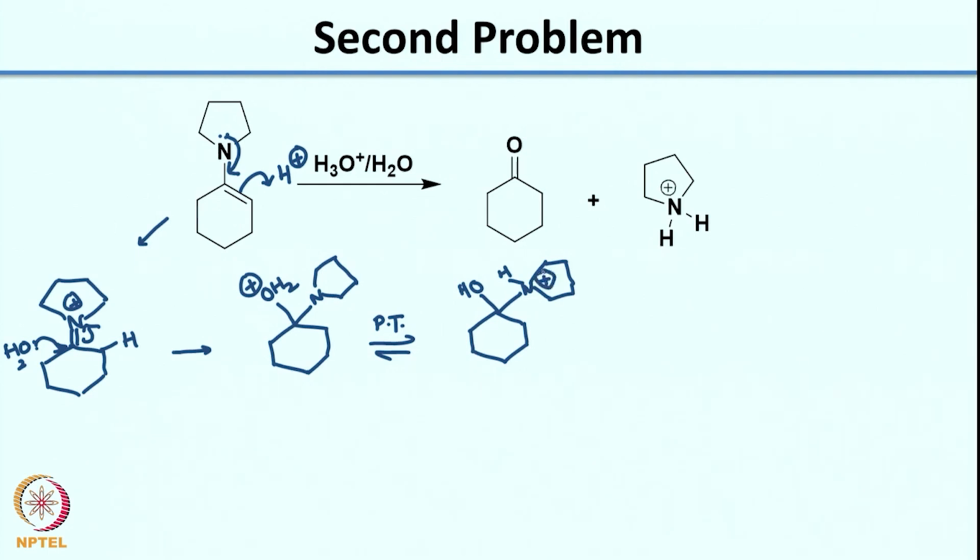Always remember to put the charges properly. Now again once you do the proton transfer, these lone pair of electrons can come in, and what you end up generating would be this.